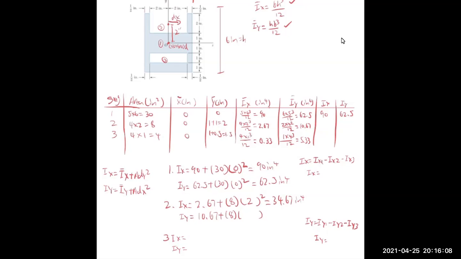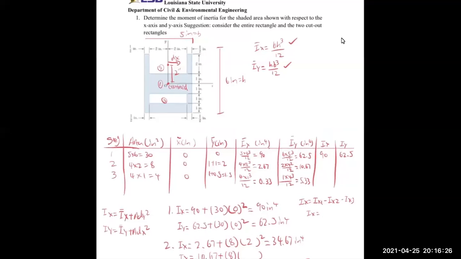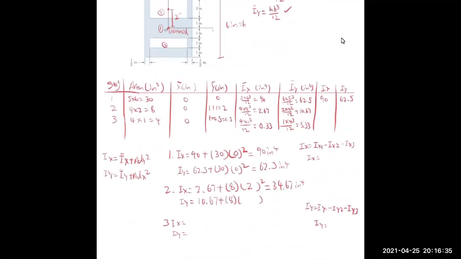Well, we know there's no dx between the centroid of segment 2 and the centroid of the entire composite body, because the centroid of segment 2 is along the same axis as the centroid for the entire composite body, right? When they are along the same axis, the perpendicular distance in the x direction will be 0. Okay, so 0 squared, so that will be 10.67 inch fourth.